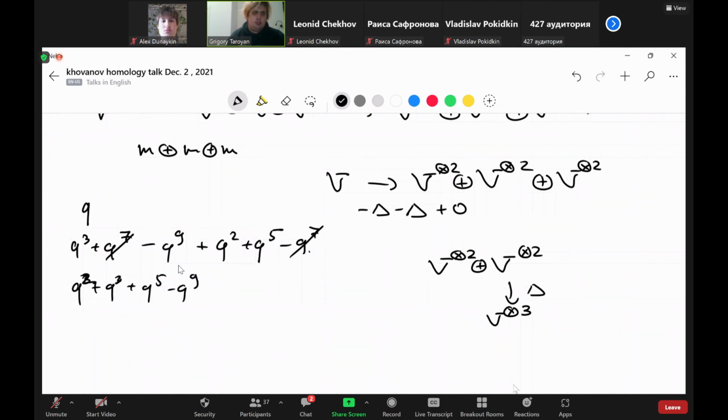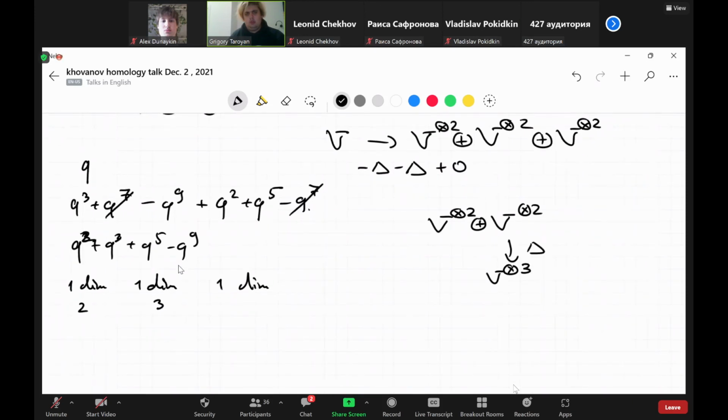And so we deduce that we have one-dimensional cohomology in degree 2, one-dimensional in 3, one-dimensional in 5, and basically one-dimensional in degree 9, but it should be shifted so as to facilitate this minus sign. I think like this, but maybe I'm incorrect.